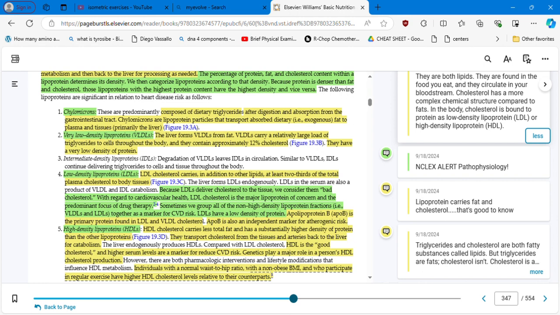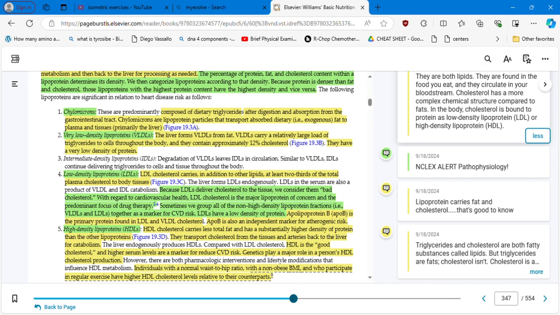So these VLDL, in other words, have a large amount of triglycerides, which is not good to have in high percentage in your blood work. And they also contain cholesterol. They have a very low density of protein. So very, very low presence of protein.